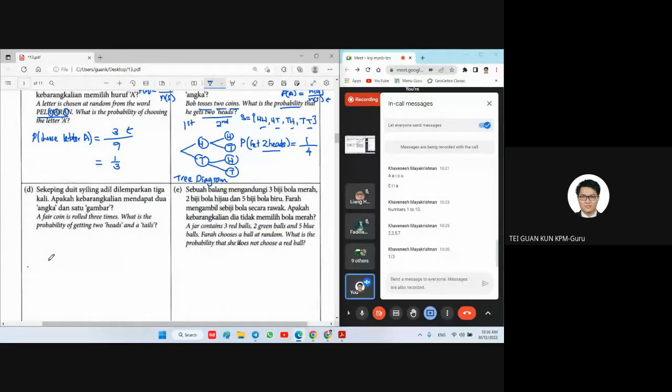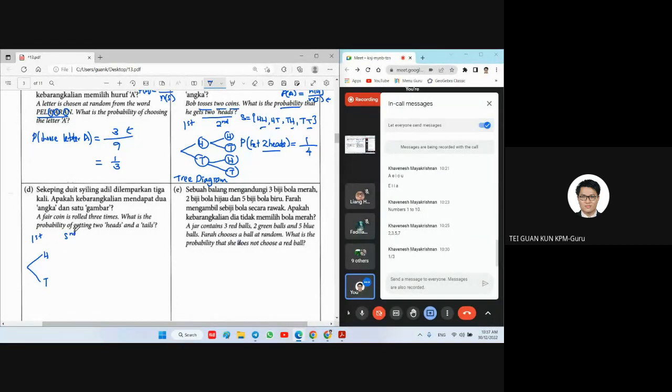So first you will get what you get? Head or tail? Okay, ini first coin.